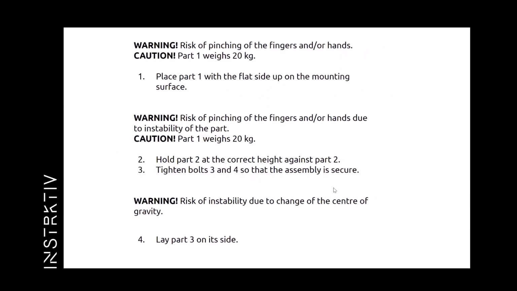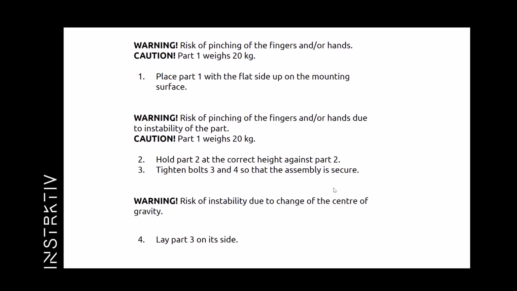When we would create the user instructions for these two parts weighing 20 kilograms, they could look something like this. They have to include many safety warnings to warn for all kinds of risks that can occur.